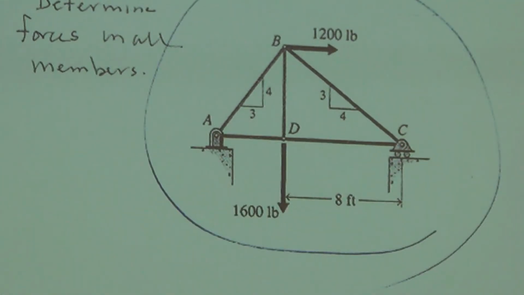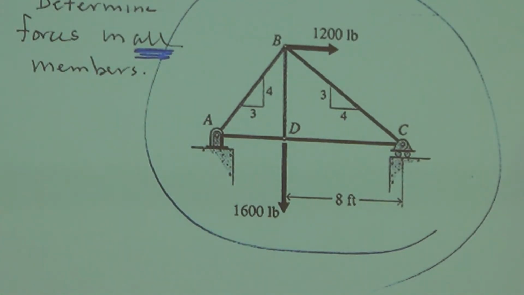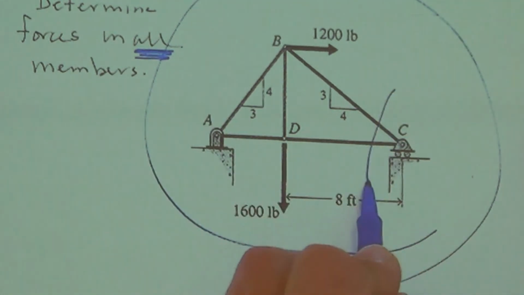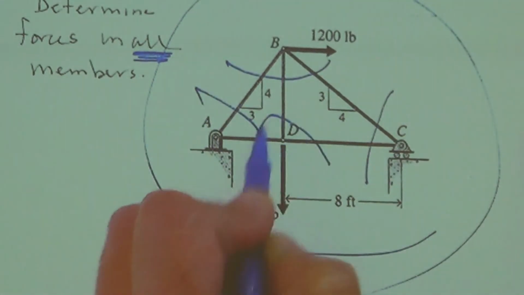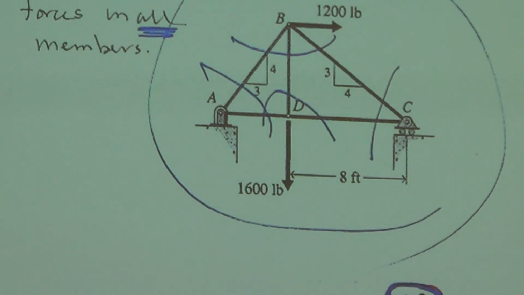When you go to solve this problem, it says here, determine the forces in all the members. What are you going to do? Look at the whole structure, then break it. You're going to probably break it here, break it here. You're probably going to wind up doing method of joints because there's not that many members. You're going to look at each joint. So in the end, you're going to need to find A and C.